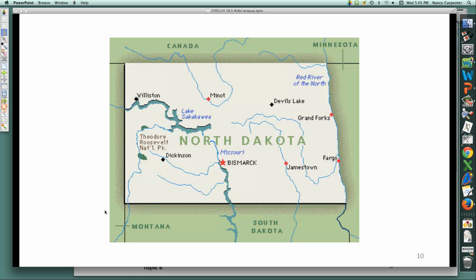Okay, so we're going to wrap it up completely with just a really bad, you would expect nothing more, really bad North Dakota joke. Two North Dakotans go into a bar, and they buy drinks for everybody in the place. They are celebrating and whooping it up, slapping everybody on the back.